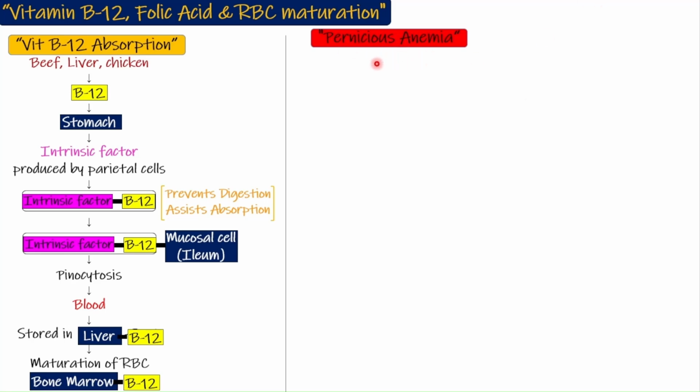And how is pernicious anemia related to vitamin B12 or intrinsic factor? So let's discuss it. In pernicious anemia, there is atrophy of the gastric mucosa. Whenever there is atrophy of gastric mucosa, it will result in decreased gastric secretions. The mucosa is atrophied, so from where are the secretions going to come?